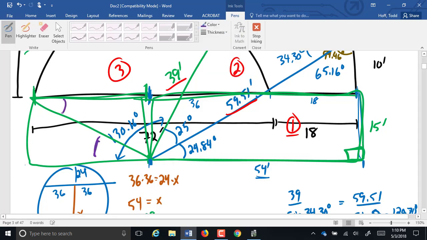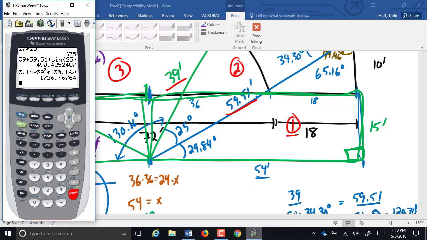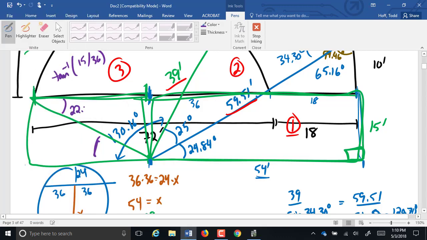So we need this angle, which will be the inverse tangent of 15 over 36. Yes, sir. Yep. Yep. So that's 22.62 degrees. So we've got to subtract out that arc of 22.62.